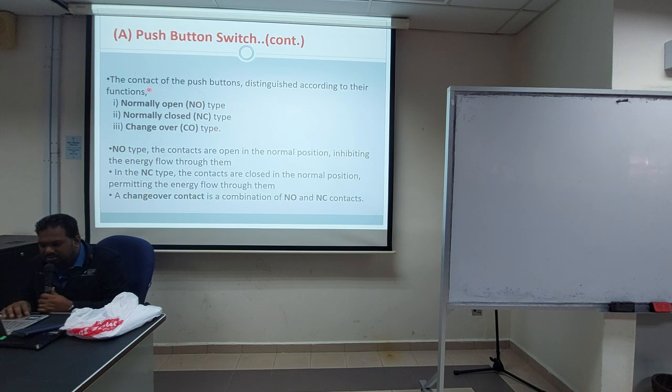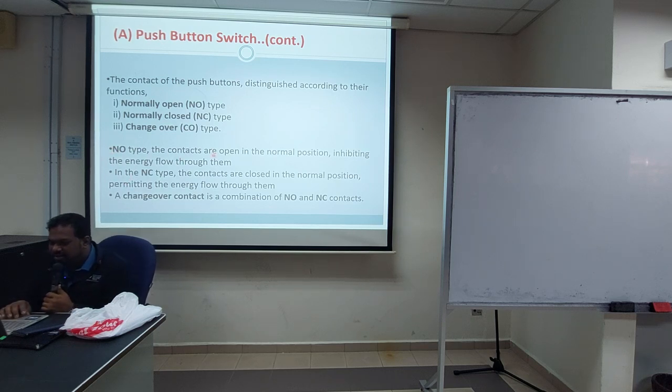Okay, so the contact of the push button is distinguished according to the function. So kita boleh tengok normally open or normally close or change over. Okay, boleh baca sikit apa itu normally open and normally close. So normally open, so NO, bukannya no. NO adalah normally open.